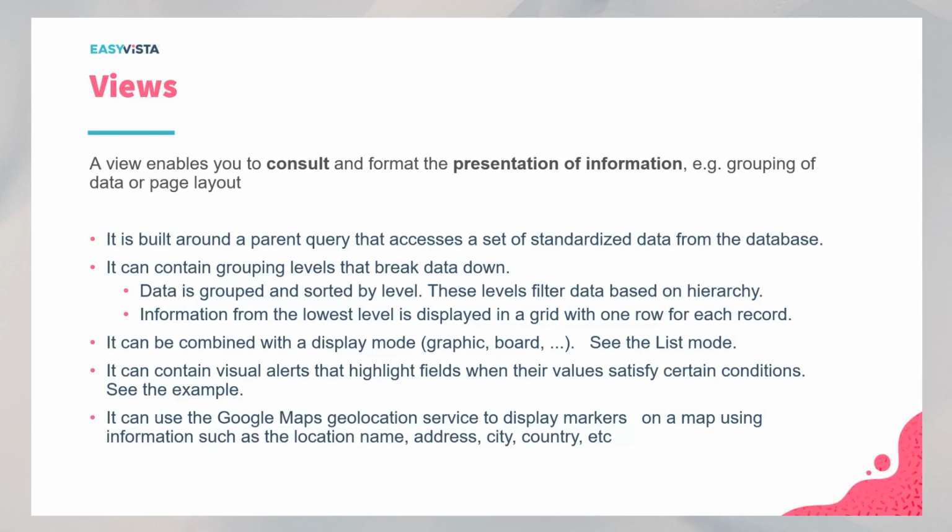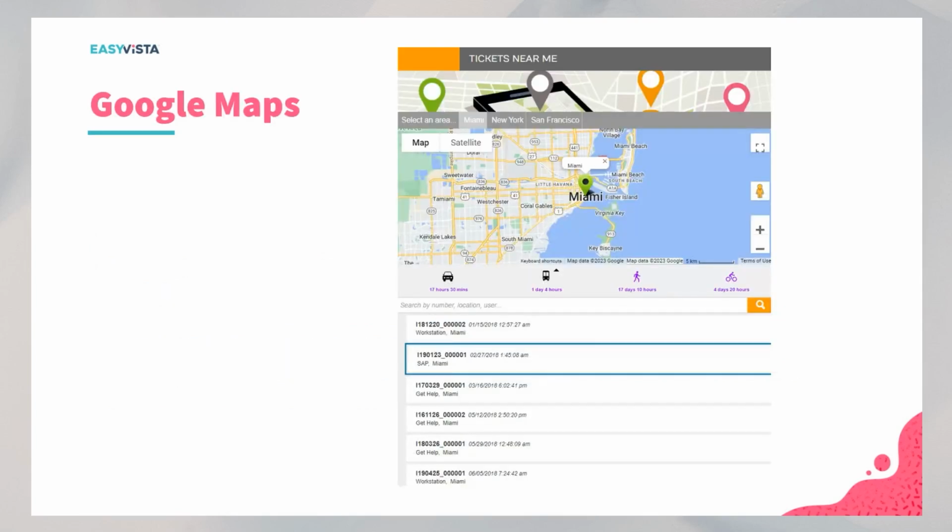And I have a screenshot of an app in ServiceApps that was created that uses this geolocation. You can see all of these tickets on the form right here are for the area of Miami.